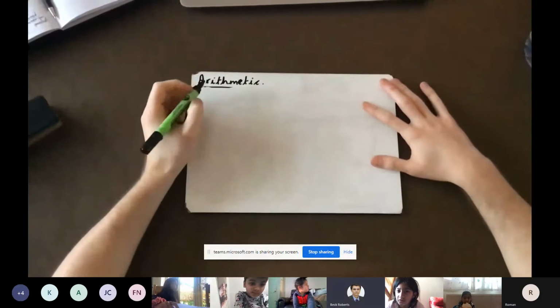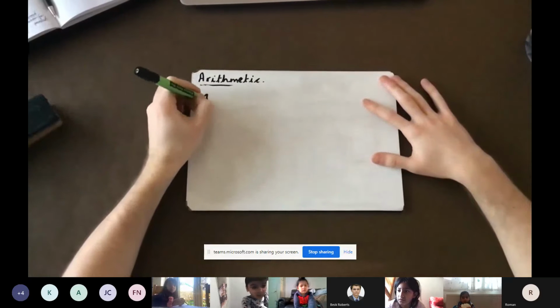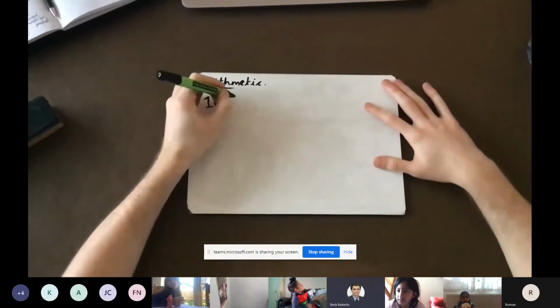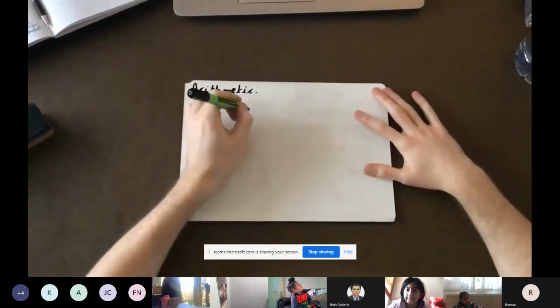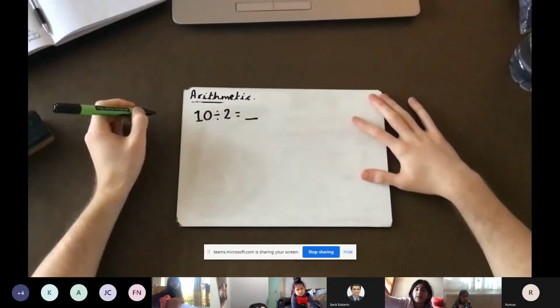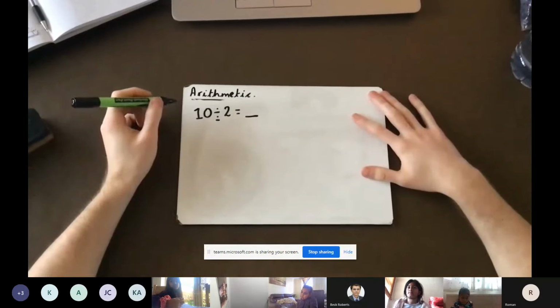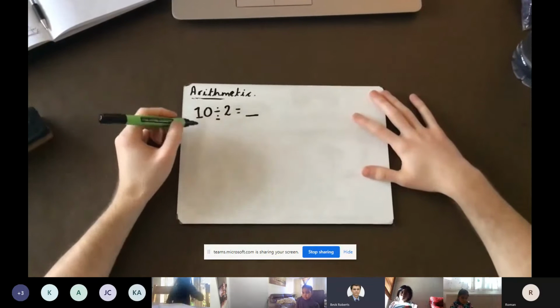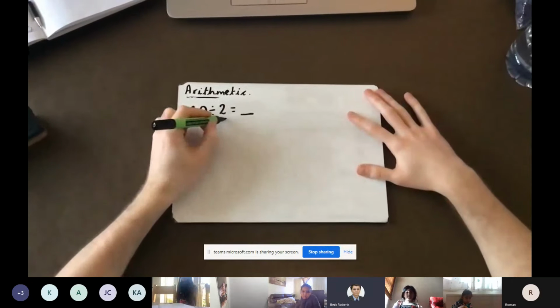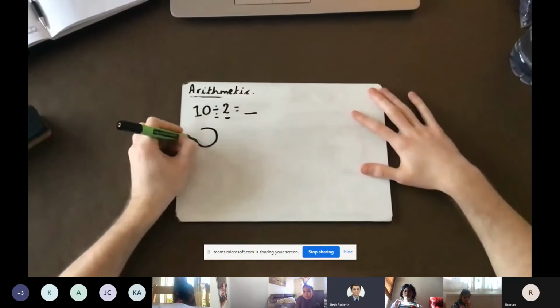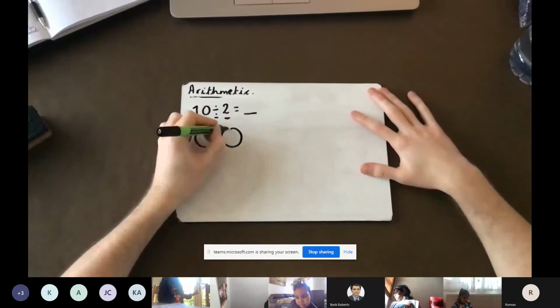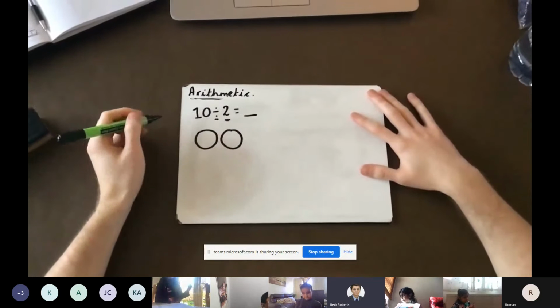The next one we're going to look at, 10 divided by 2 equal to something. I know that when I'm dividing, I'm going to be sharing. So I'm going to do my 2 circles. So I know that I need to share my 10 sweets between 2 people. And then count with me as I share these.